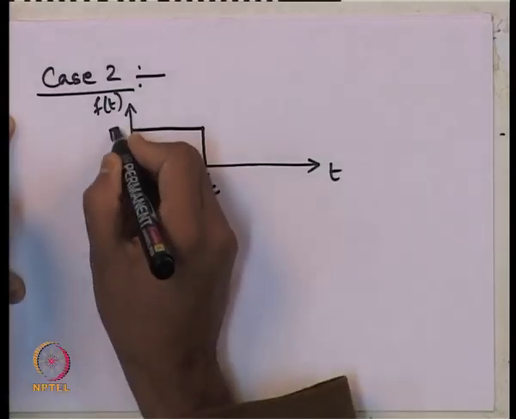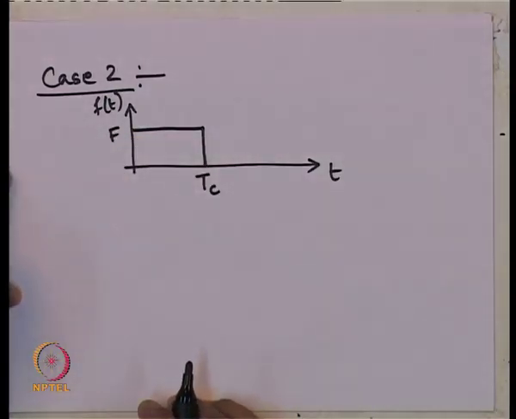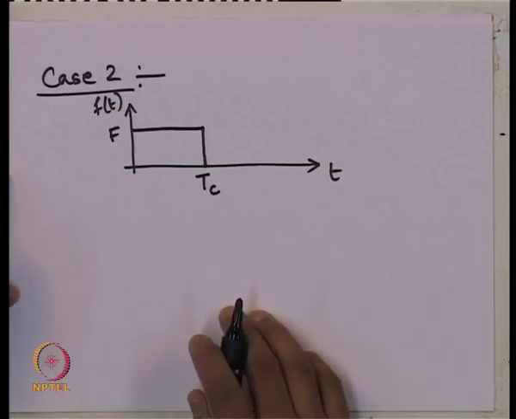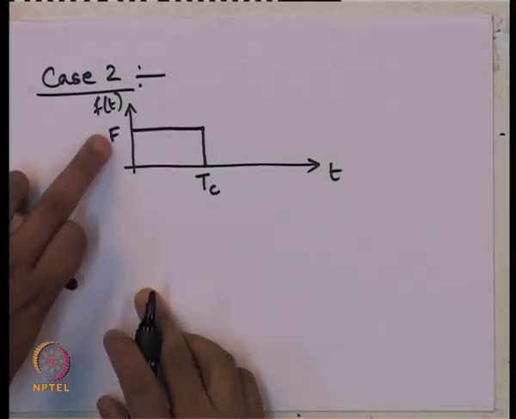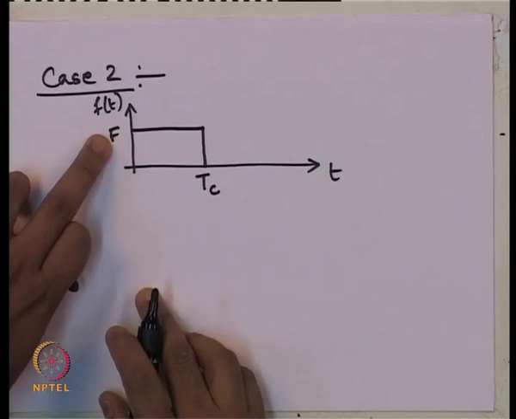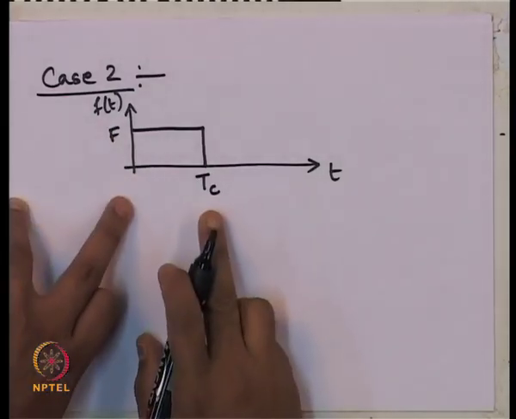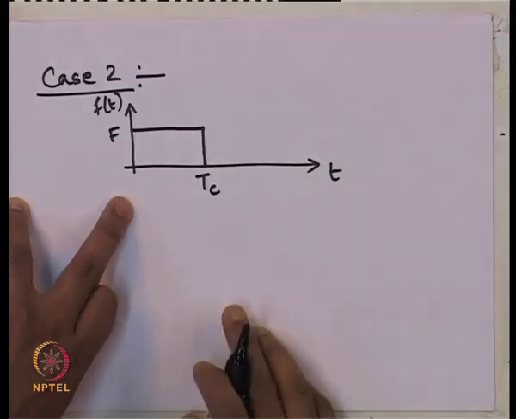It is quite possible that a load of constant magnitude f is acting for a finite time T c on the system, and after that the load is removed.